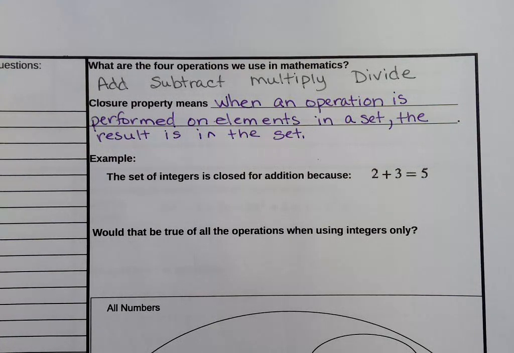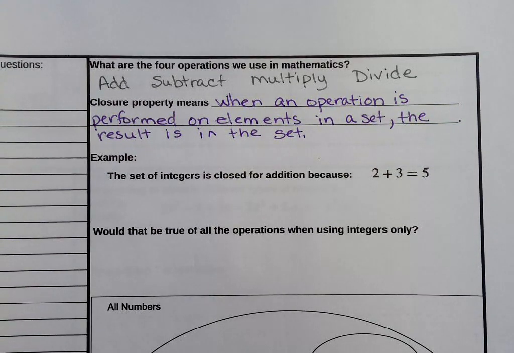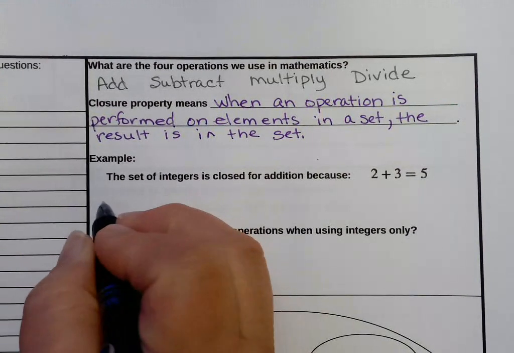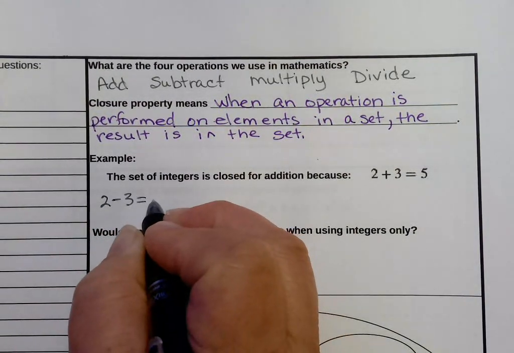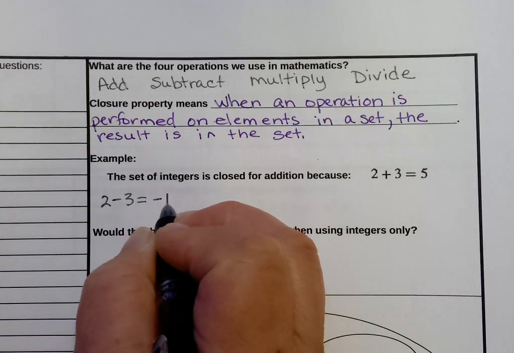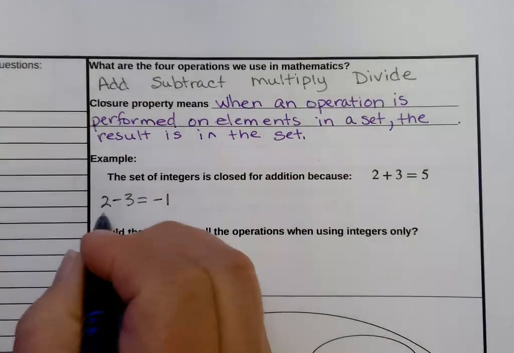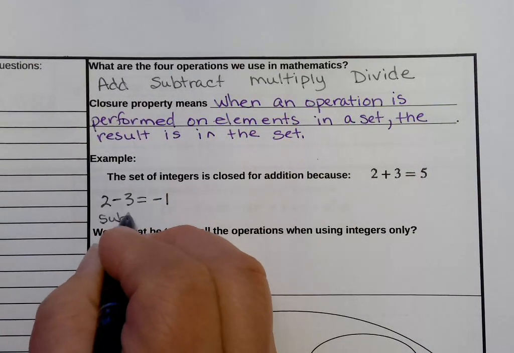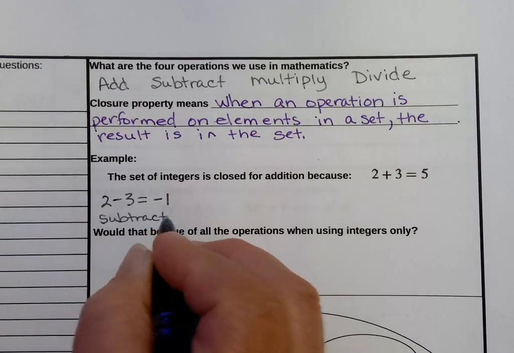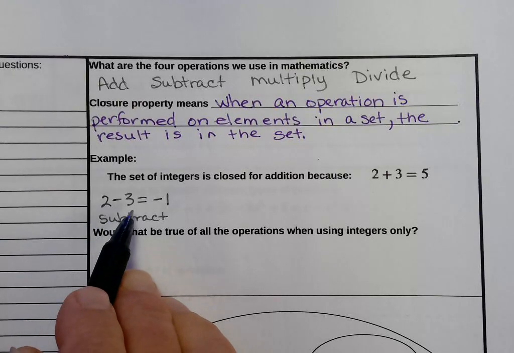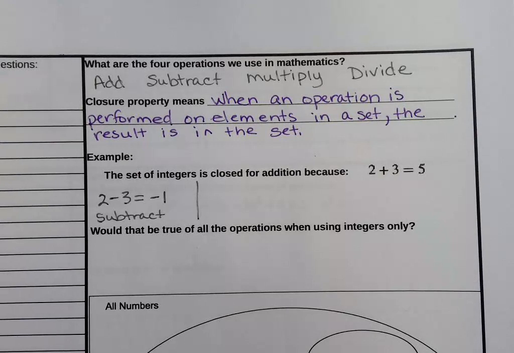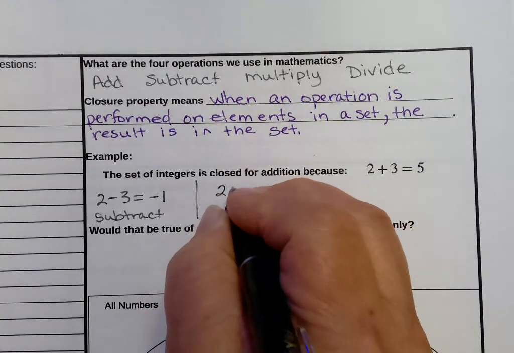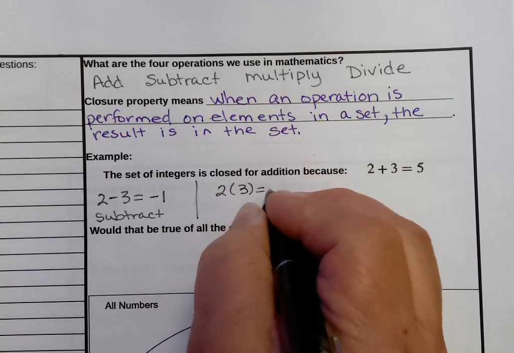What about subtraction? So if I take 2 minus 3, I end up with -1. 2 is an integer, 3 is an integer, -1 is an integer. So it works for subtraction. What if we multiply? 2 times 3 is 6.